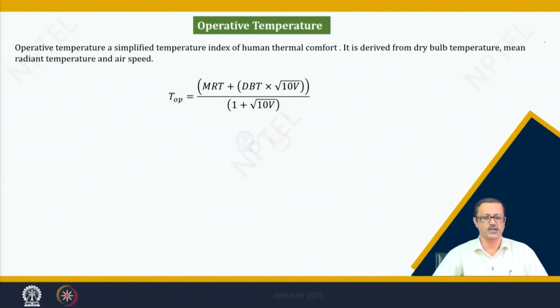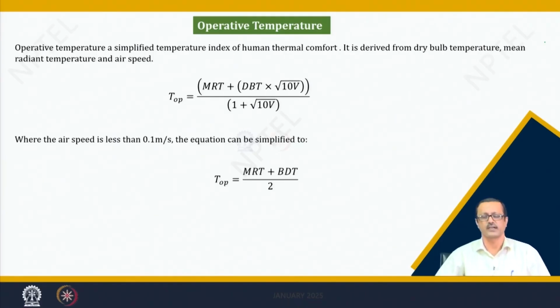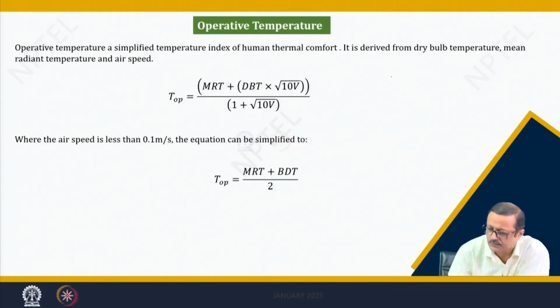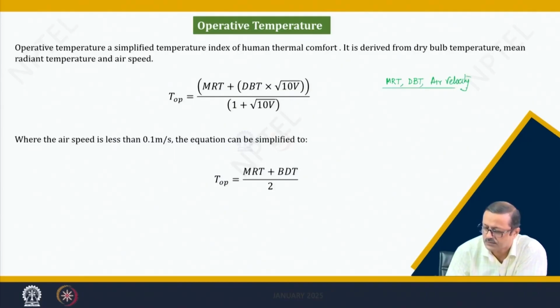The operative temperature is another way to look at this, and other types of indexes are actually taken into account in the operative temperature. Here too, it is the MRT, DBT and the velocity, where V stands for air velocity. These three things are taken care of, and this is the typical formula for that.